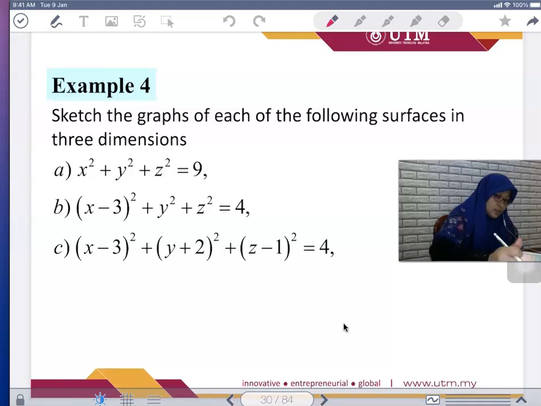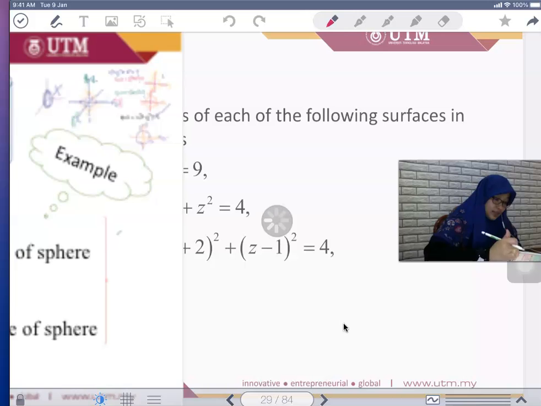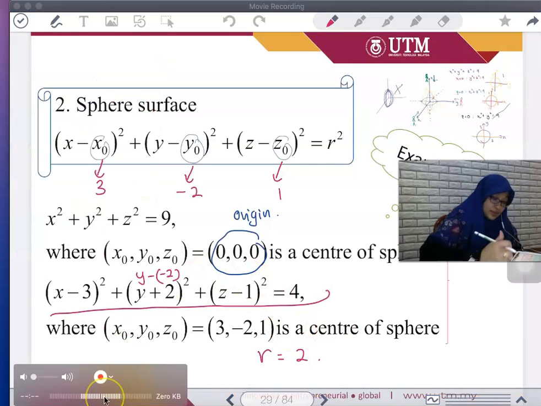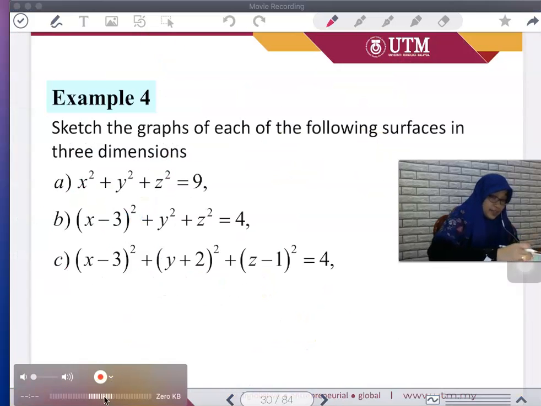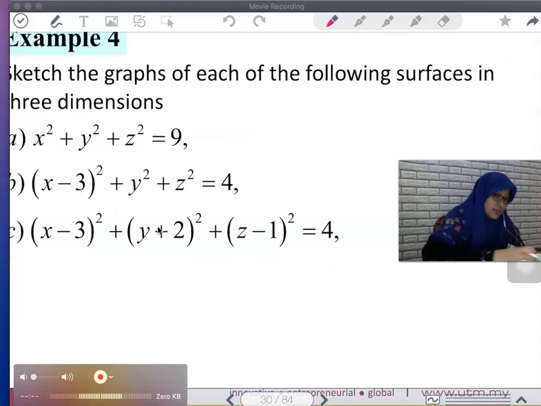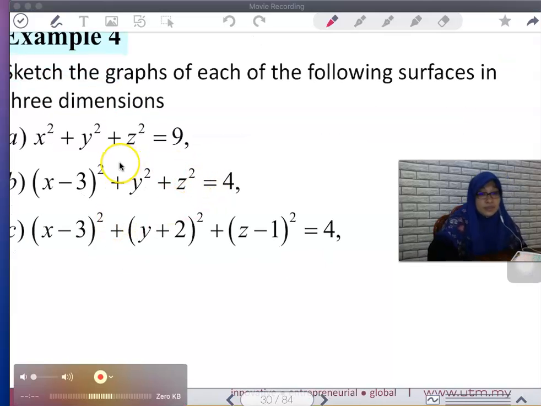Okay, so before we do a practice on sketching on this particular graph, just look at the example provided here. We have done sketching this just now, the sphere with radius 3 centered at the origin. So now we look at B. What is the information that you can obtain from this equation given?